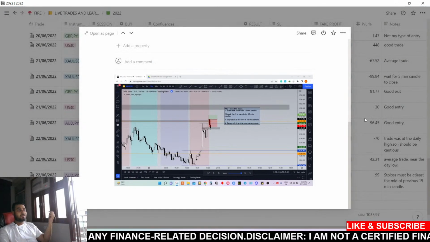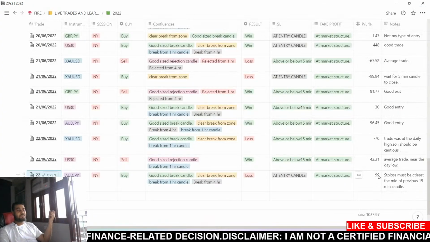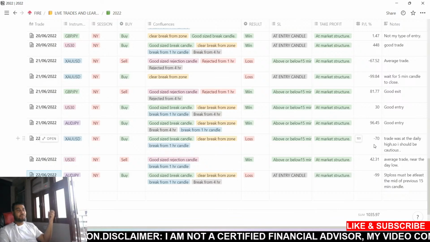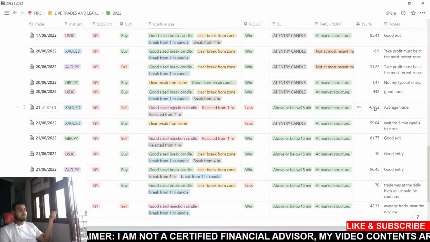If you look at this $99 loss, it was again a luck trade where it just came down, took me out, and just went up. This gold trade just missed by a small margin.